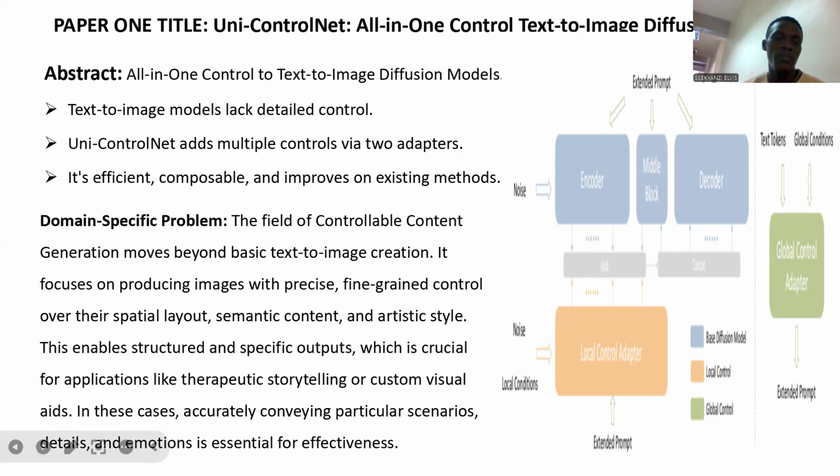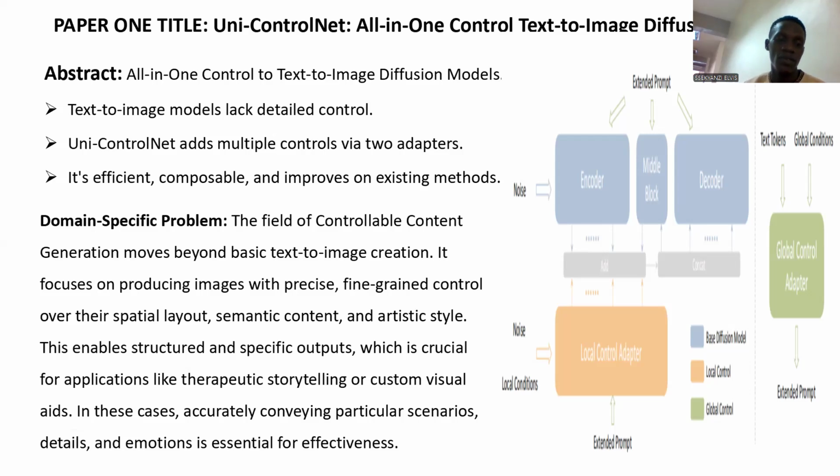The domain-specific problem here: the field of controllable content generation moves beyond basic text-to-image creation to large vision models. It focuses on producing images with precise, fine-grained control over their spatial layout, semantic content, and artistic style.